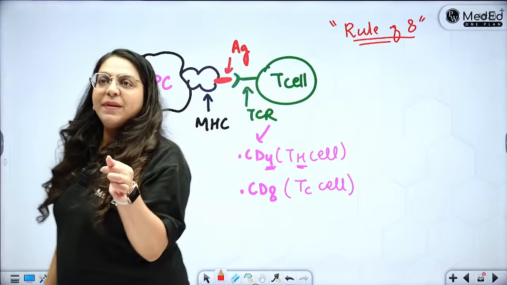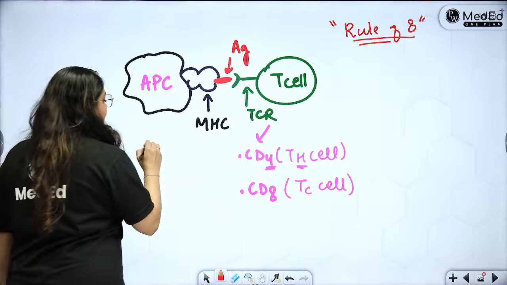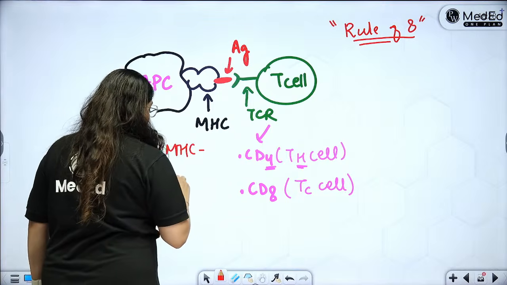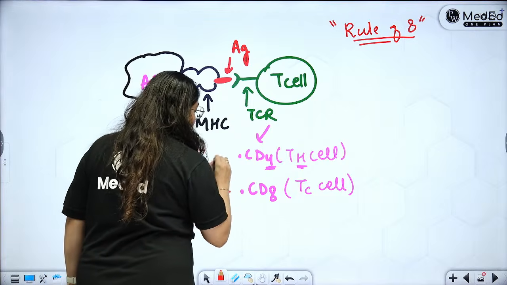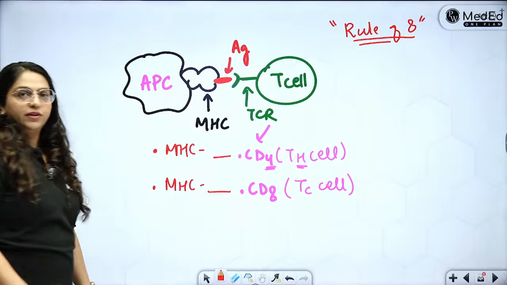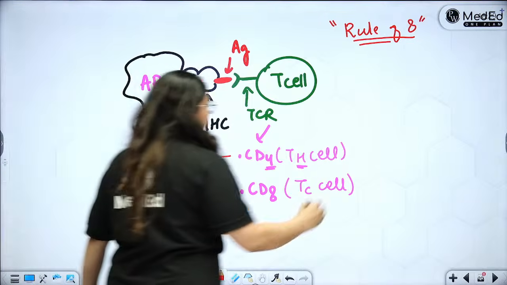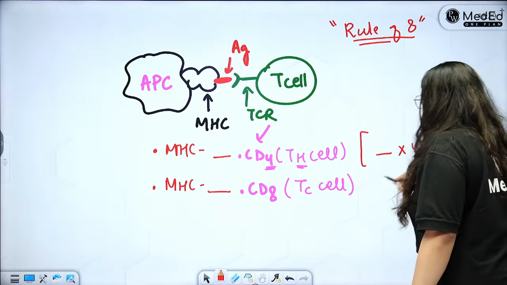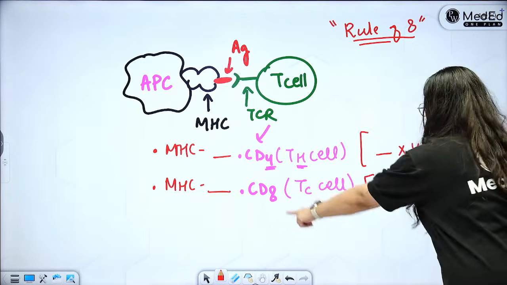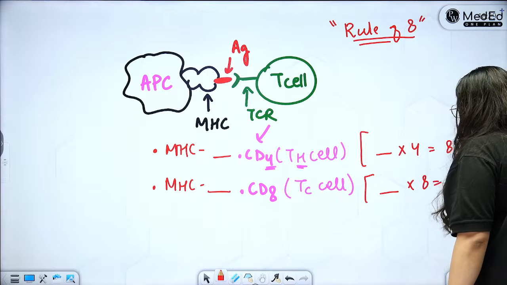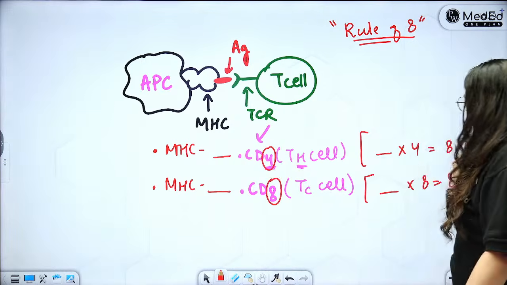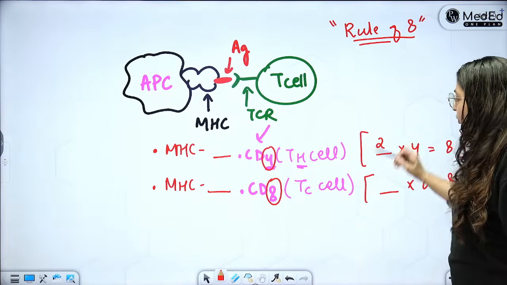That the multiplication of which MHC has brought the antigen and which CD it is binding to should be 8. So dash into 4 is 8 and dash into 8 is 8. This is CD4, this is CD8. So 2 into 4 and 1 into 8.